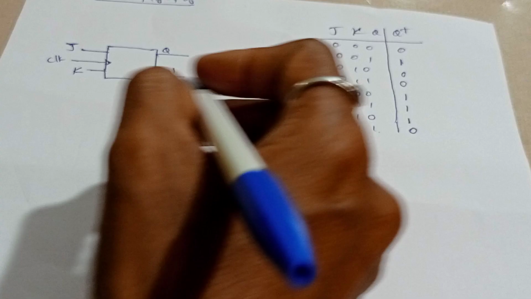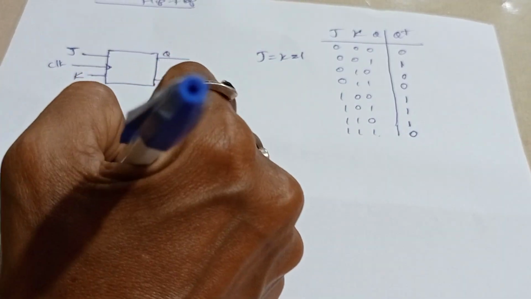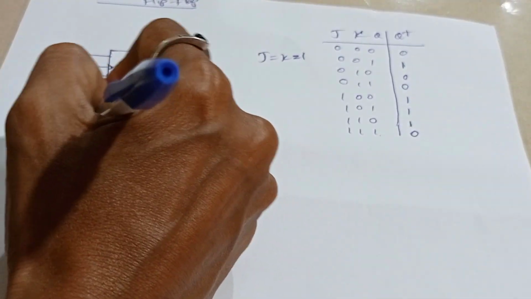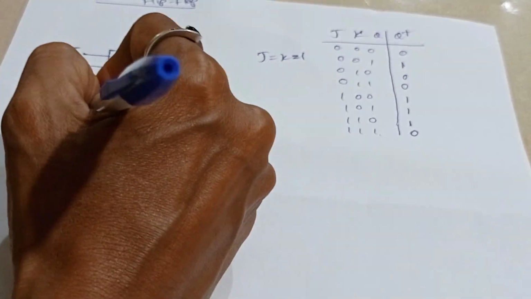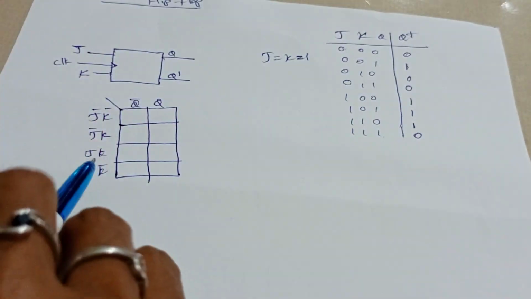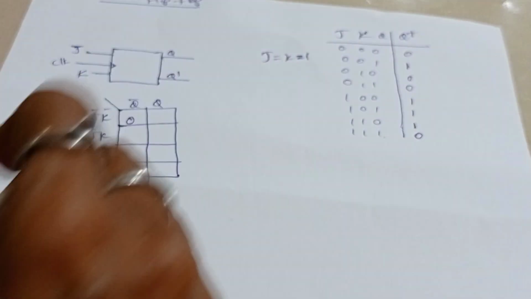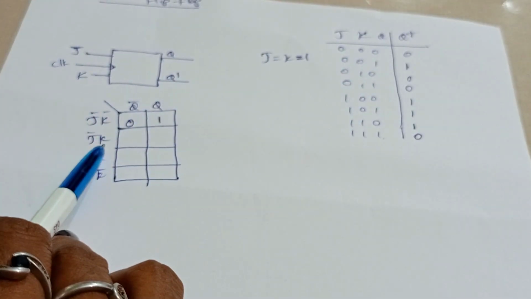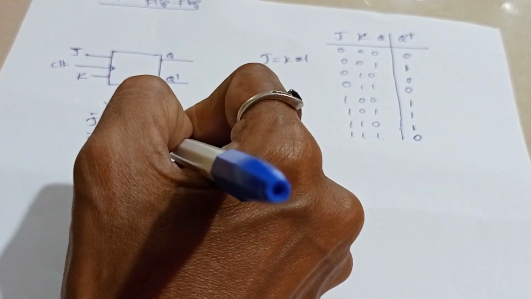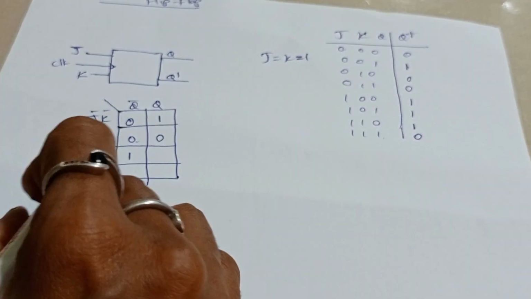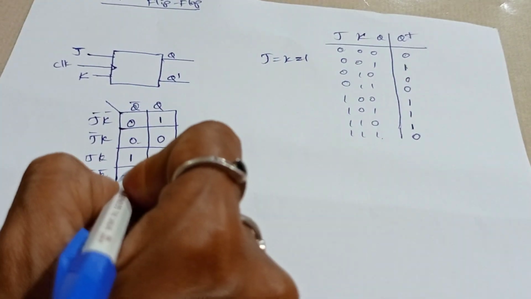By this, now we'll construct the characteristic equation using the K-map with J K and Q. Place the values of Q next state: all zeros, 0, 0, 0, 1, 1, 0, 1, 0, then 1, 1, 0, 1, 1, 1, 1, 0, 1.